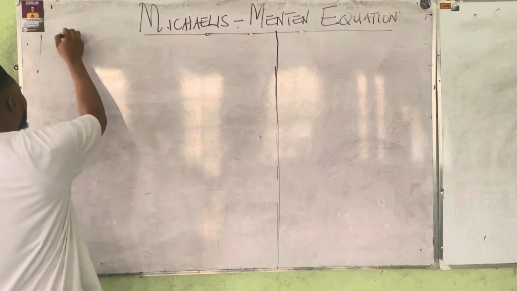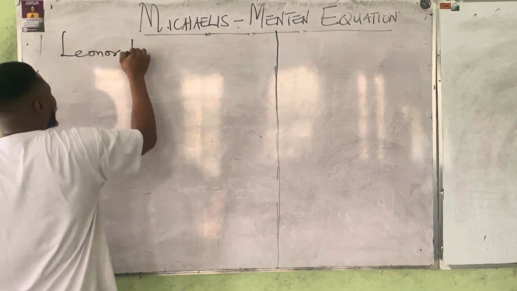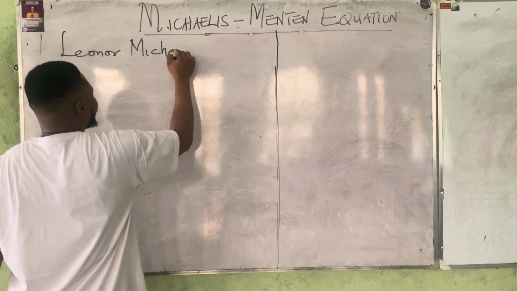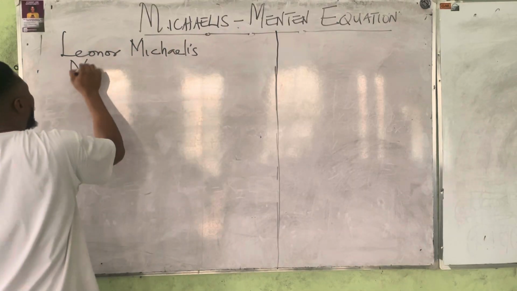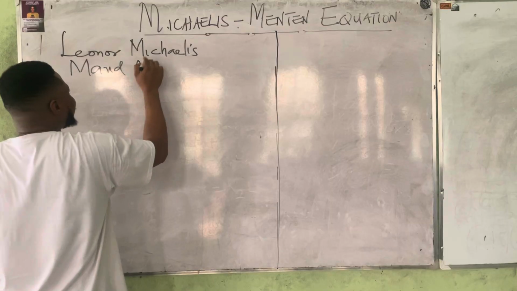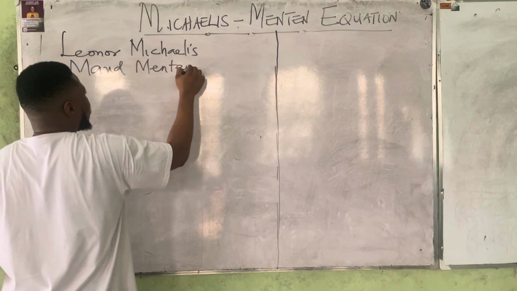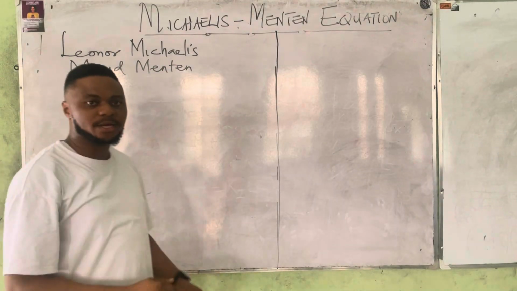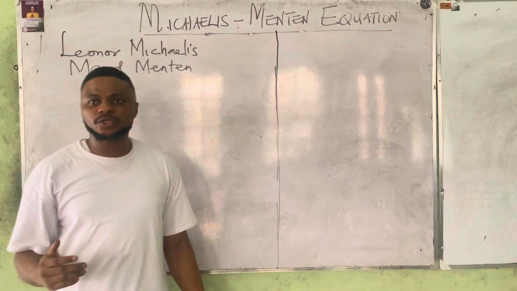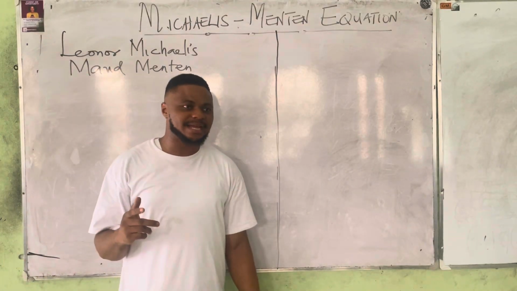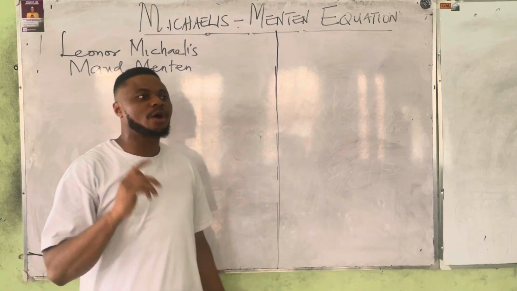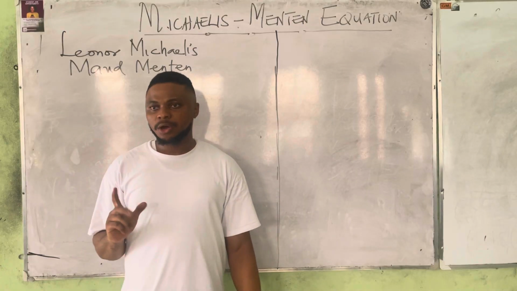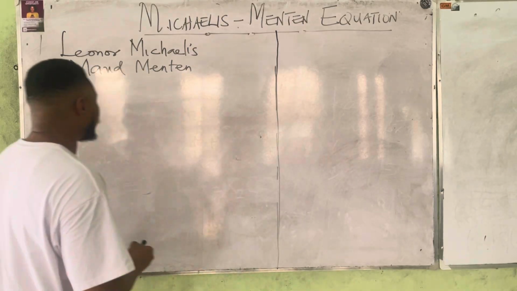Their names were Michaelis and Menten. I want you to bear in mind that the Michaelis-Menten equation is something you can understand, so let's dive straight into it.